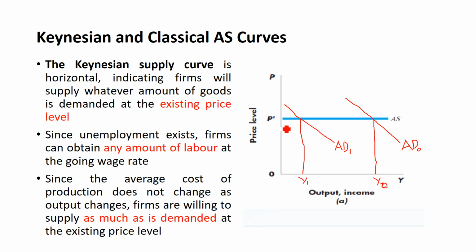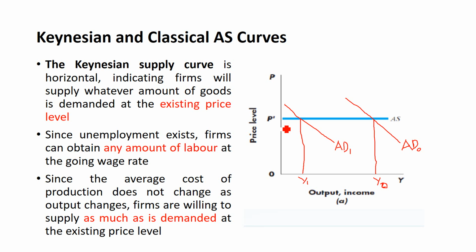When they do so, the marginal cost of hiring the additional workers will not increase. If the marginal cost of hiring the additional workers won't increase, then the average costs of firms' production don't change, and if average costs of firms' production don't change, firms are willing to supply as much as is demanded at the existing price level. So the Keynesian aggregate supply curve is really representing a type of economy where there is widespread unemployment and a huge underutilization of resources.